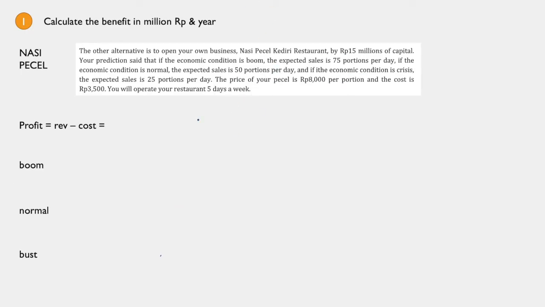Moving on to our second alternative, we will have to count our profit first. Because our revenue is 8,000 rupiah per portion, but we have the cost of 3,500, our profit per portion would be 4,500. These three economic conditions will affect our portions per day. So on boom, we will be able to sell 75 portions, on normal it's 50, and on bust it's 25 portions.